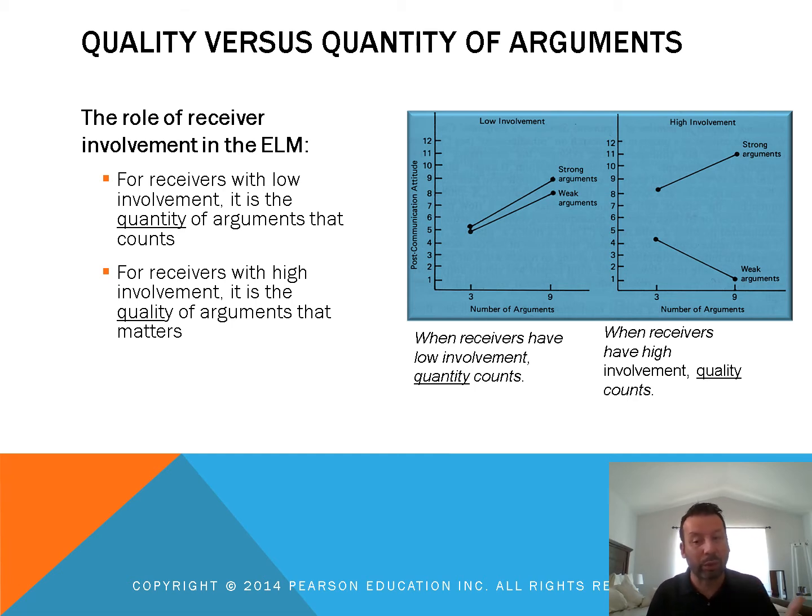You can have just two or three and you'll convince me because they make sense, as long as they're factual in their data and they are exactly what they say they are. If I'm not involved and not knowledgeable in the subject, you're going to give me all these different examples, because I don't know, and for me to get it, you have to provide more and more arguments so that it makes sense in my head. So again, low involvement, more arguments. High involvement, quality arguments.